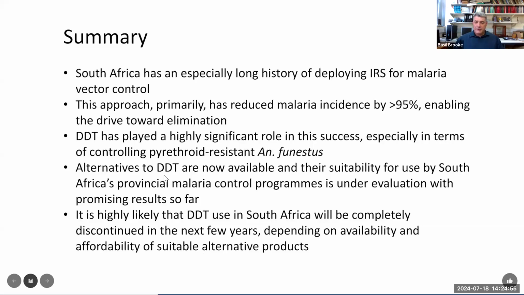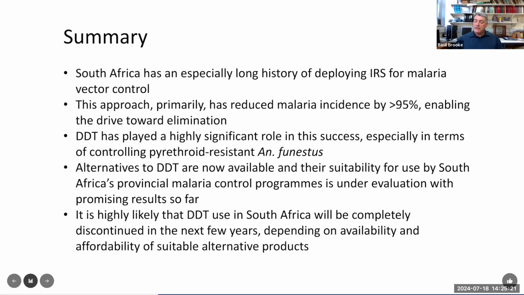This approach has really reduced malaria incidence by more than 95%, which is what enables our drive toward elimination. That's really important to keep in mind, because DDT played a highly significant role in the success, especially in terms of controlling Anopheles funestus, and even more especially in terms of controlling the pyrethroid resistant Anopheles funestus.